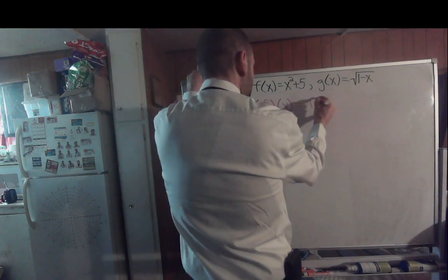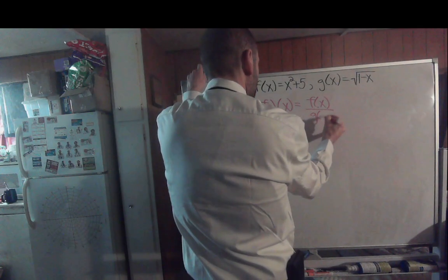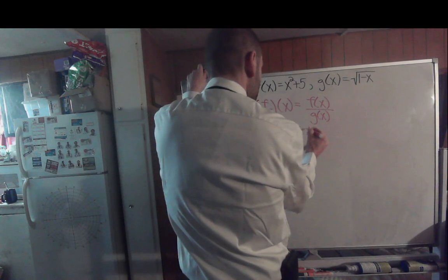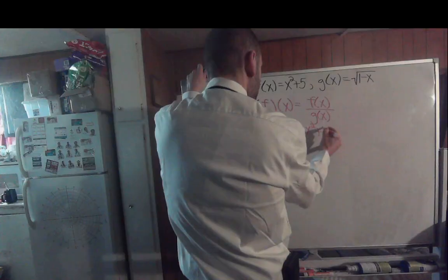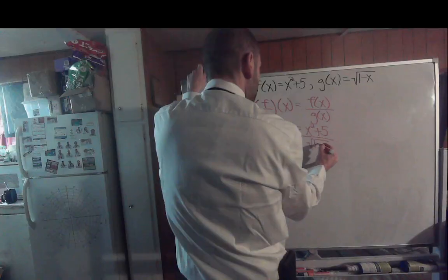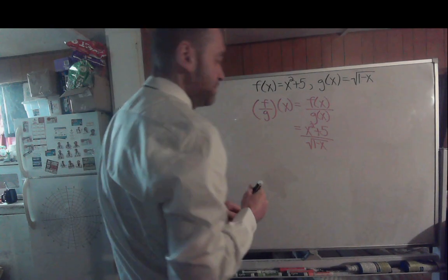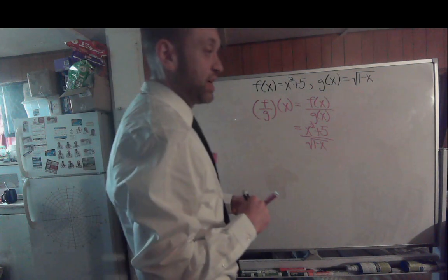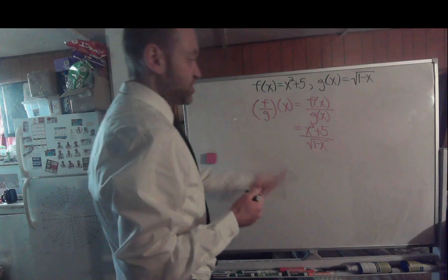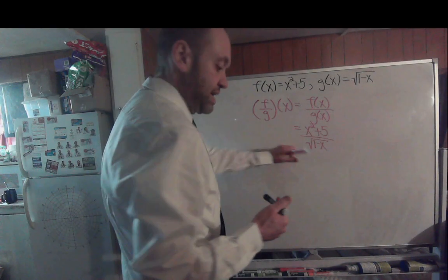Well, that would be f of x divided by g of x, which would end up giving you x squared plus 5 divided by the square root of 1 minus x. And I'm going to say don't worry about rationalizing the denominator. You can if you want, but you're going to get a really awful expression. You're best to just stick with the original way of doing it as opposed to trying to rationalize something like this.